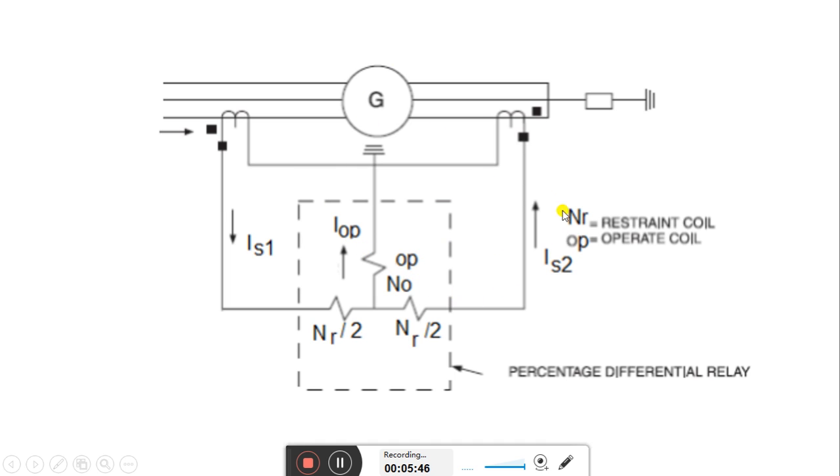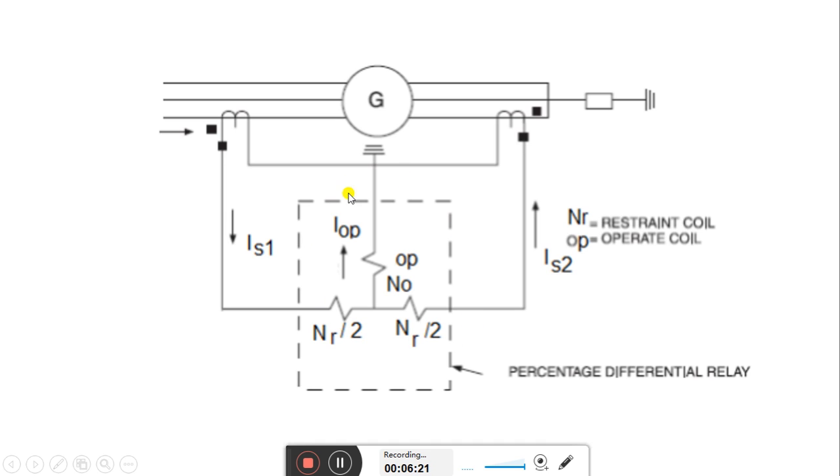This relay is designed only because of incorporating the restraining coil here. Not only the operating coil, we have included two types of coil, the operating coil and the restraining coil. The restraining coil has been divided in two parts, half of the turns shown by NR by 2, and this side half of the turns of the restraining coil shown by NR by 2, and the turns of the operating coil shown by NO. This is the operating coil.